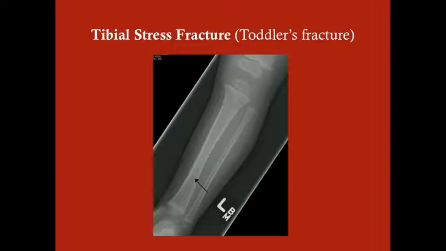A toddler's fracture is a non-displaced, either oblique or spiral fracture that happens in a younger kid. And it's easy to jump to the conclusion that, oh, this is a spiral fracture, it's got to be child abuse. And for the most part, when you see spiral fractures, it may be child abuse. It probably is child abuse, but this one is an exception.